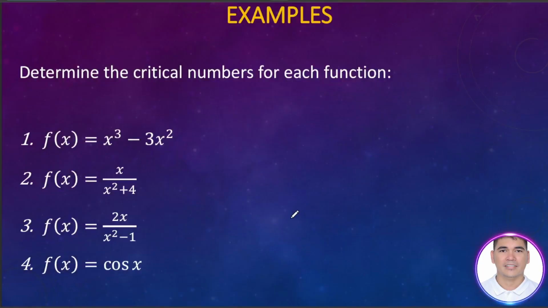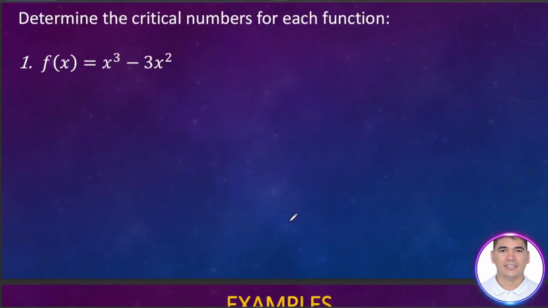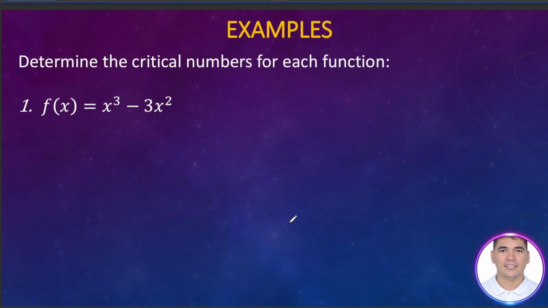So let's have some examples to determine the critical numbers for each function. So we have four. First one, f of x is equal to x cubed minus 3x squared. So first we need to find the derivative of the given function.